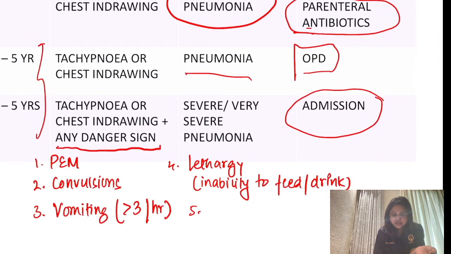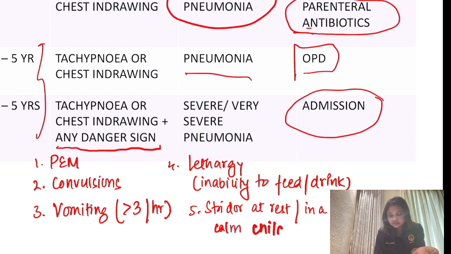And the last point is stridor at rest or stridor in a calm child. So protein energy malnutrition, convulsions, vomiting more than 3 per hour, lethargy, stridor at rest or stridor in a calm child are the danger signs in pneumonia.